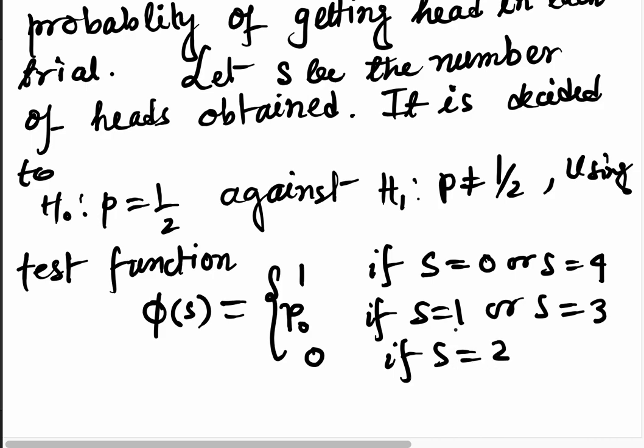That is saying the test is such that we will accept the null hypothesis if and only if exactly 2 heads out of 4 outcomes occur.